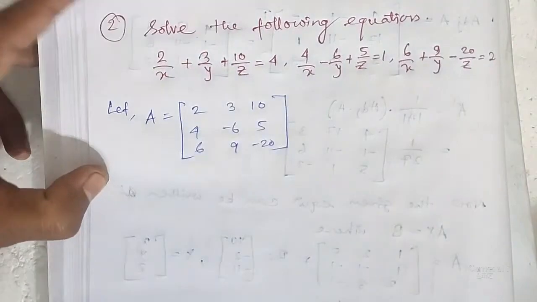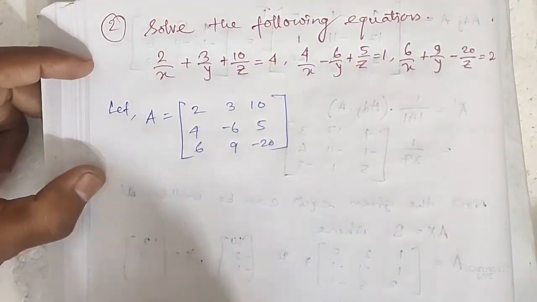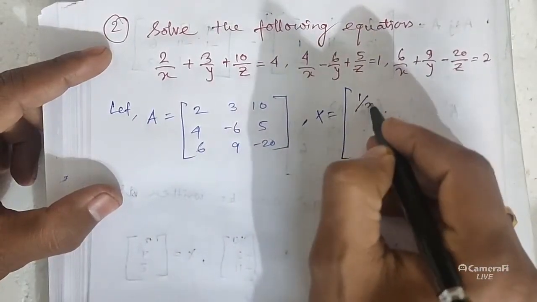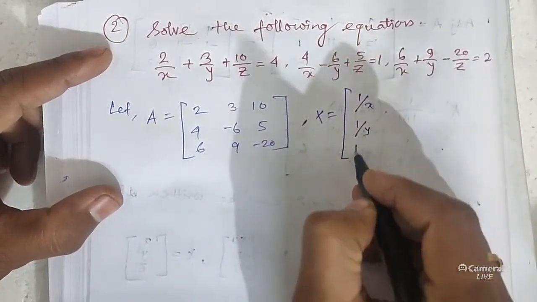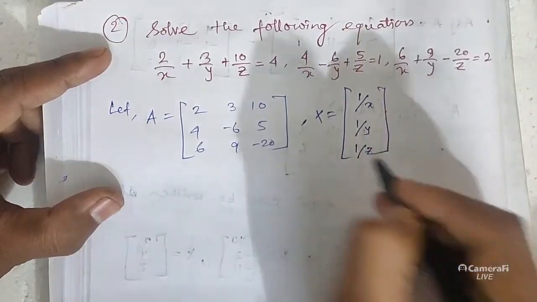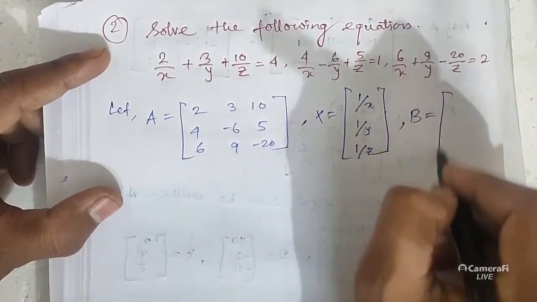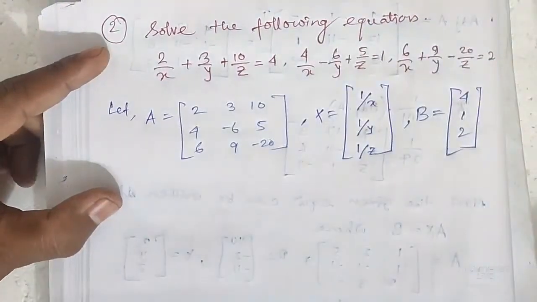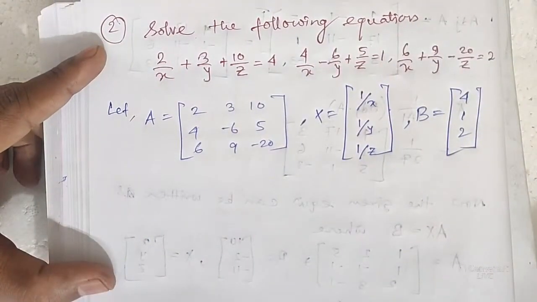This is the coefficient matrix. Here X equals 1 by x, 1 by y and 1 by z, and B equals 4, 1, 2. Clear? Understood?